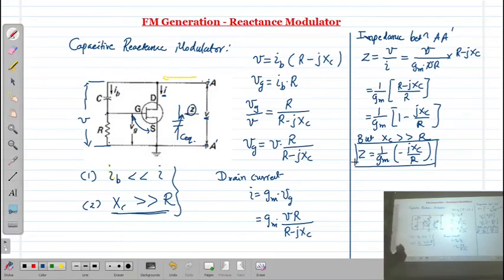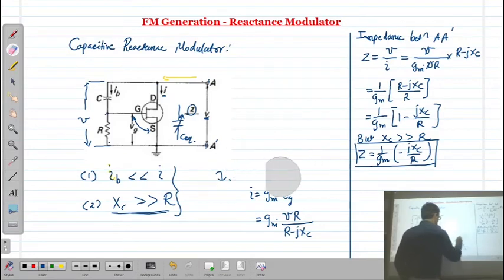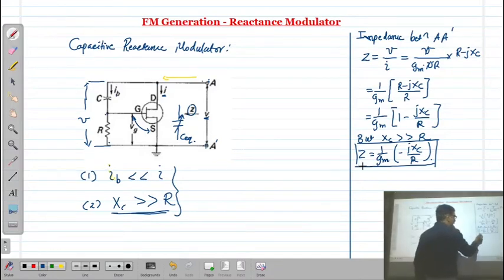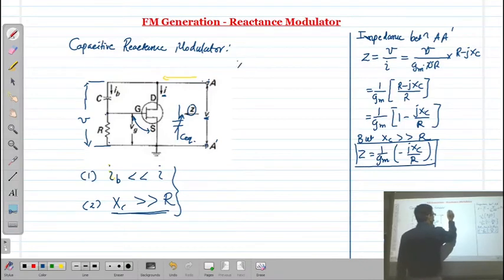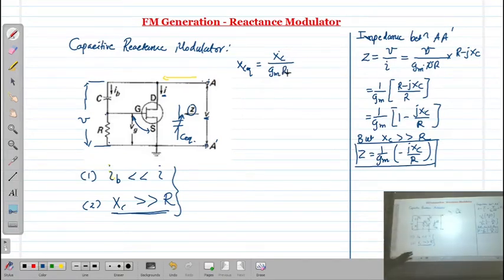Now look at this point. If I write the capacitive reactance, I am taking it back to the impedance, but now this impedance is capacitive.